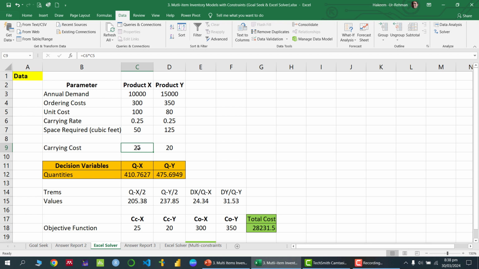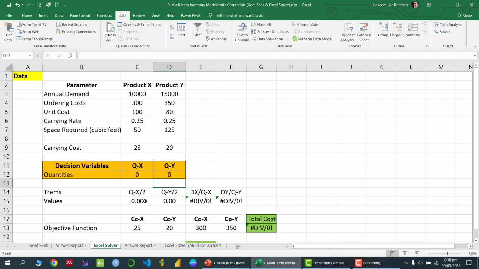So we will get the carrying cost for product X, same as for product Y, which is 0.25 multiplied by 80. That is going to be the carrying cost for product Y. And then these two values we need to find out. These are the decision variables, so these are the empty values, so you can simply mention 0.